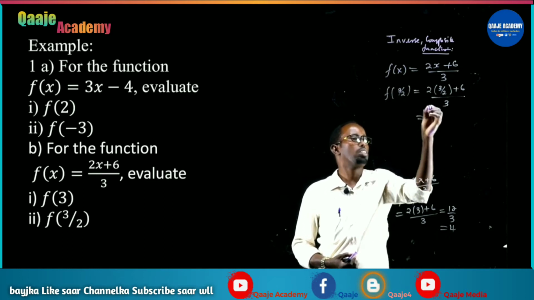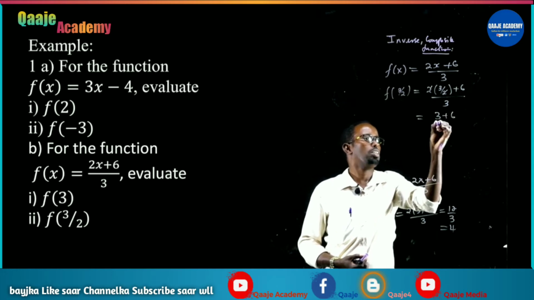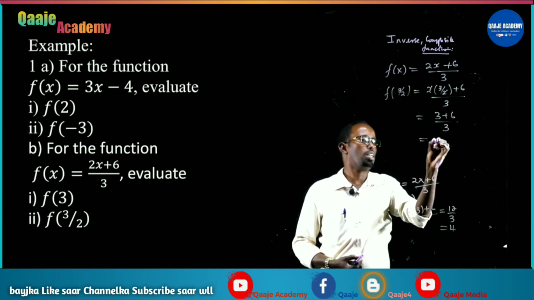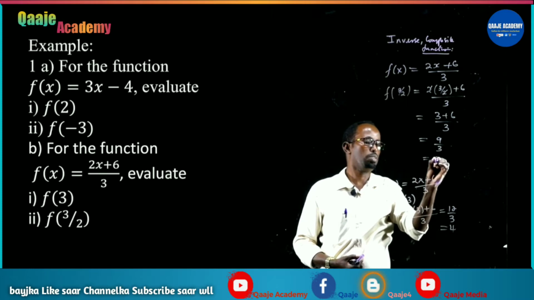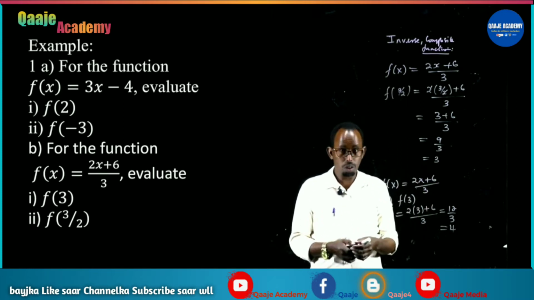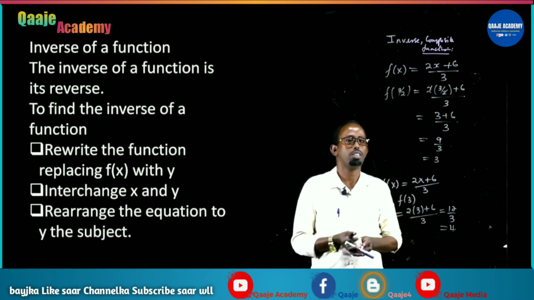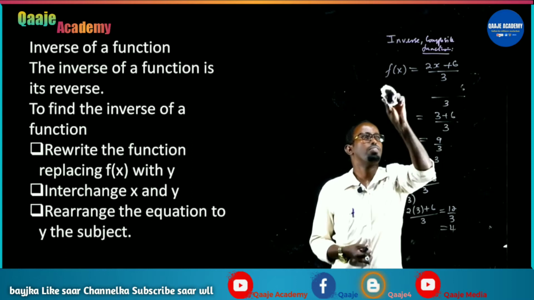Now you cancel, you get 2 cancel 2, you get 3 plus 6 divided by 3. You get 9 divided by 3. The answer will be equal to 3. Okay. So that is example B2.